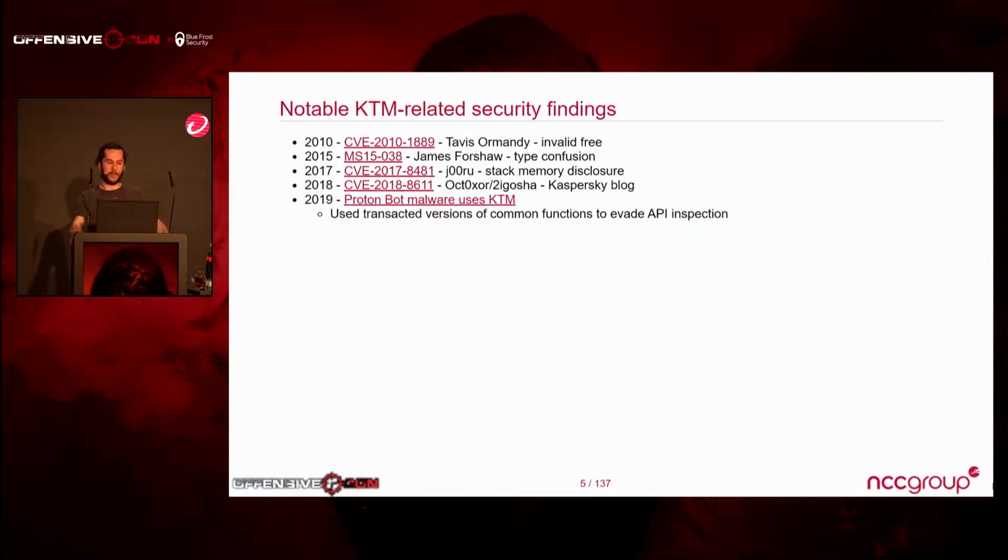Among these, the 2018 one is the actual Kaspersky blog that we took as a reference, CVE-2018-8611. And there was another article about KTM, which was last year, about ways to evade AVs using KTM.